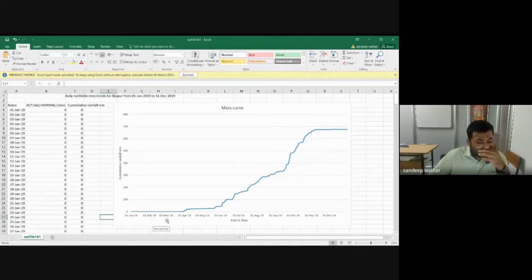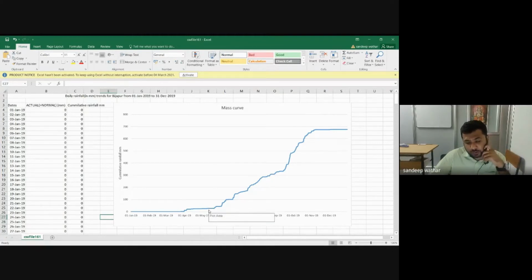Next, if you go from here, November, December, in this zone also there is no rainfall. And in April, May, and some days of June, there is a very small amount of rainfall. Almost in May, we have a very minimum amount of rainfall, as you can see from the graph itself, right?